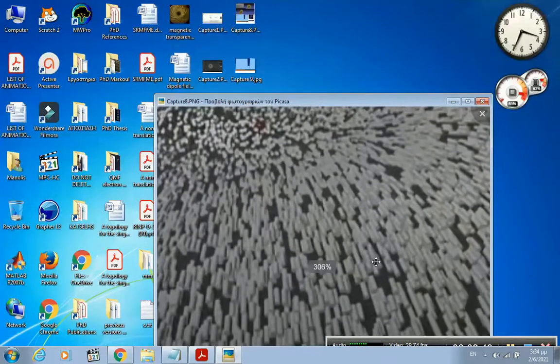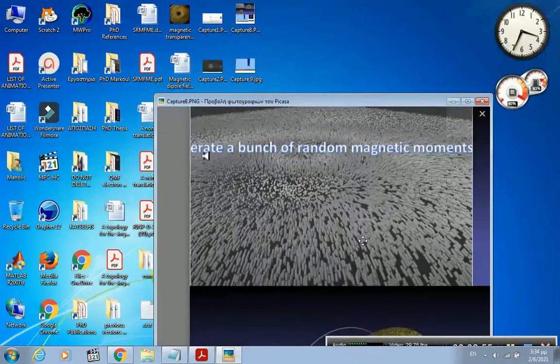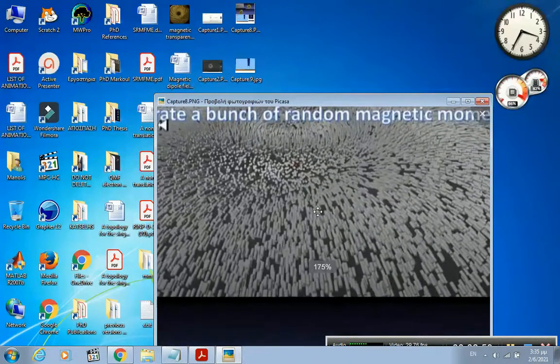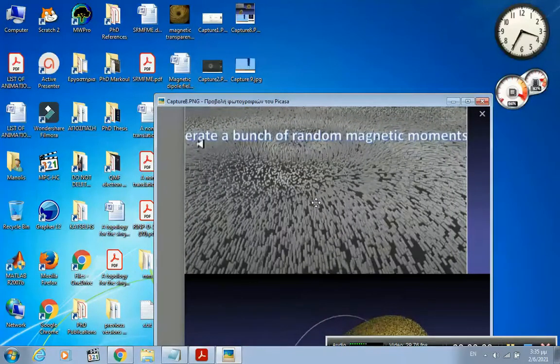Here we have rods which are aligned to an external magnetic field, and we see the alignment of these rods under an incident field of a pole of a magnet.